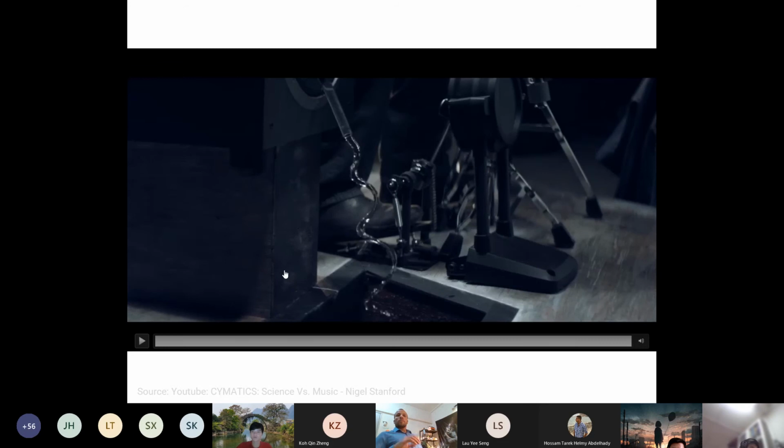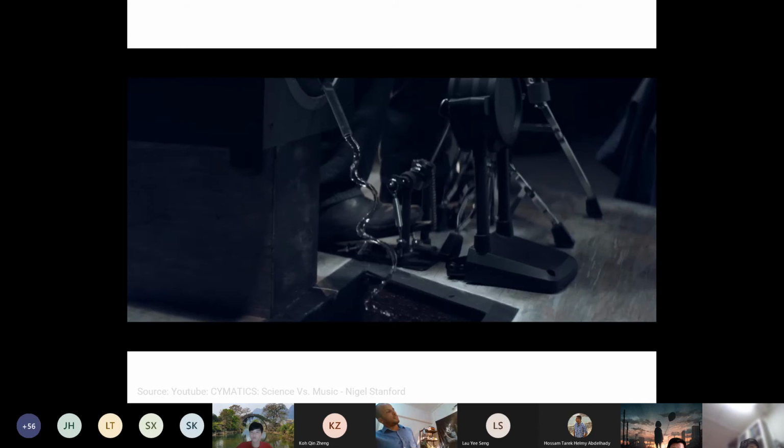So basically, as you have seen, they did this experiment to make the sound visible. Because they know when you change the frequency of sound, the wave will change, right?